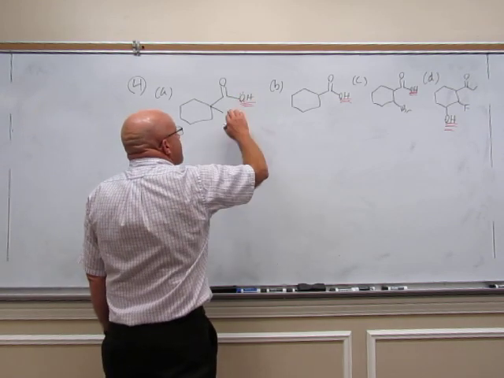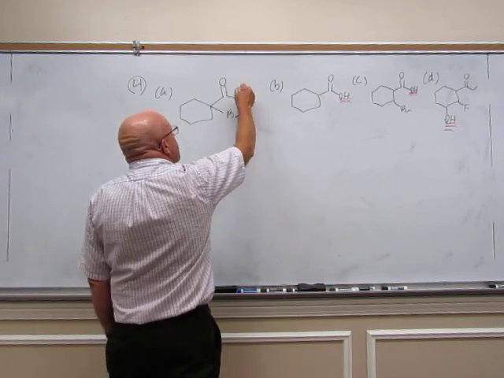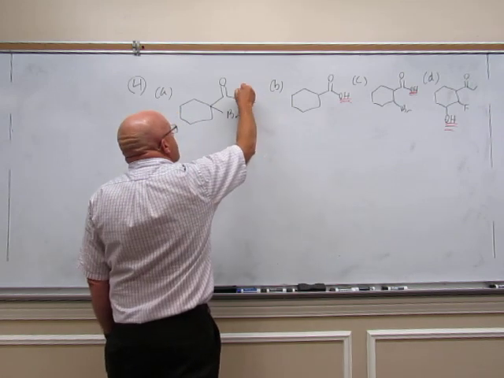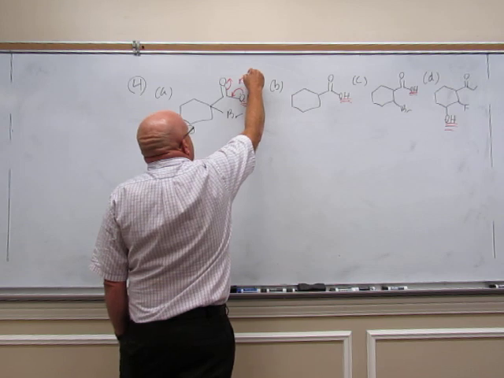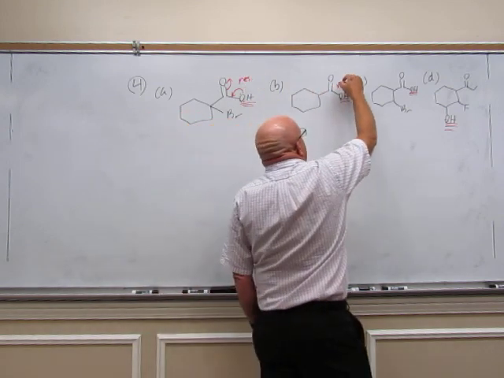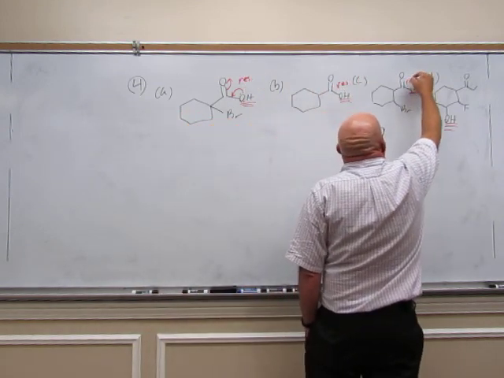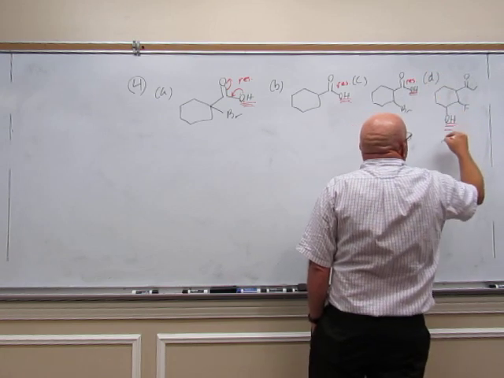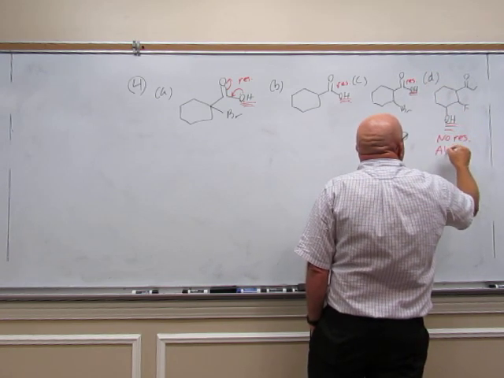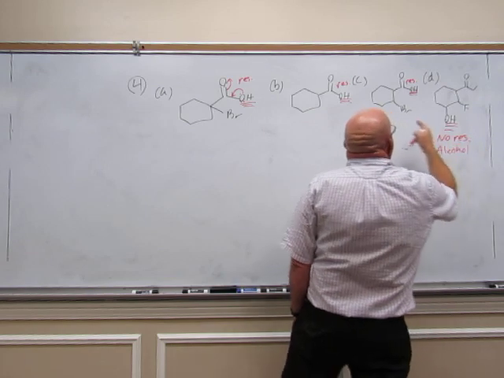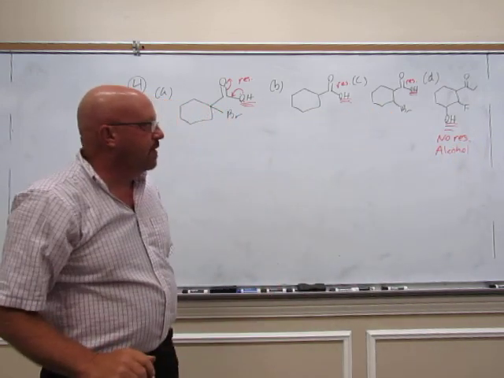Now you may have already noticed these. These are carboxylic acids, all except for the last one. These all have resonance. Resonance, resonance, resonance, no resonance. This one is just an alcohol. The other three are carboxylic acids.